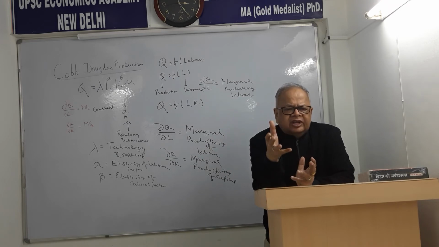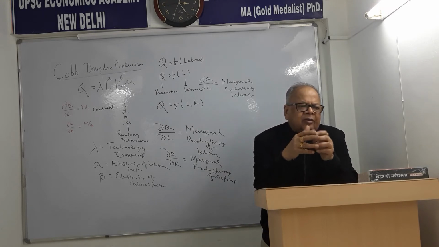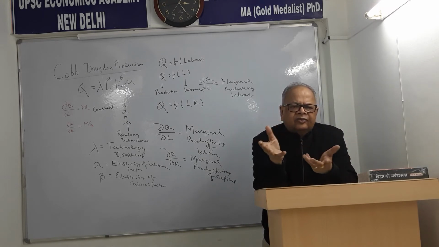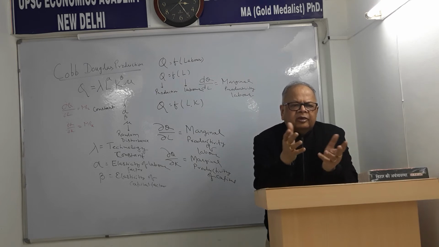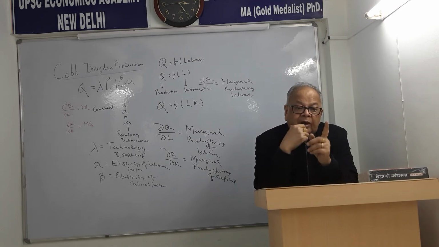Because all facilities are available in the earlier stage, and when your work starts, you will have enough land, enough water, enough labor, enough raw material, everything in the starting period, everything will be adequately supplied to you. So, first stage, increasing return.